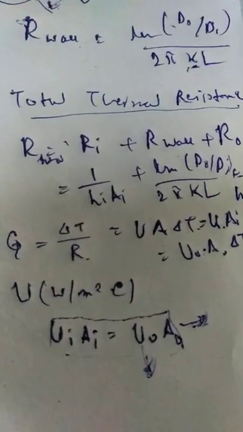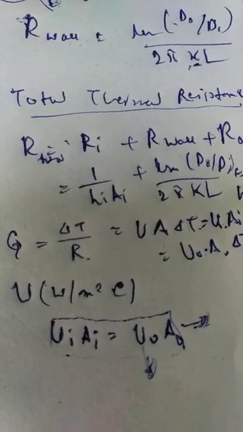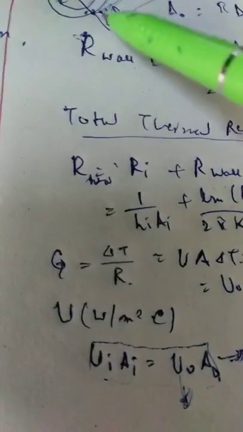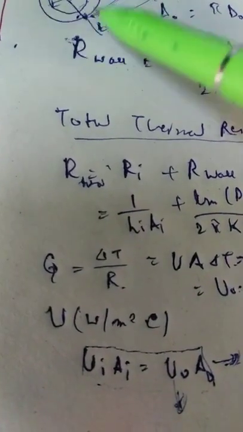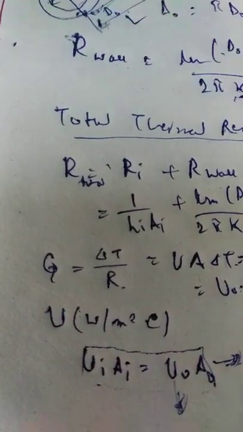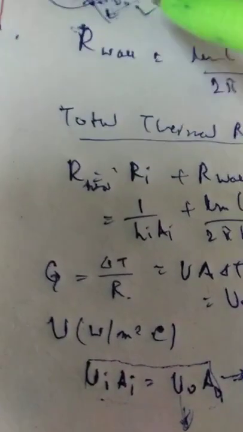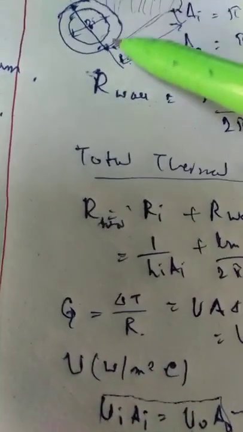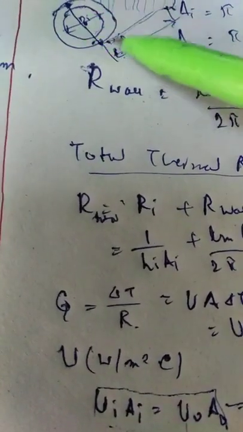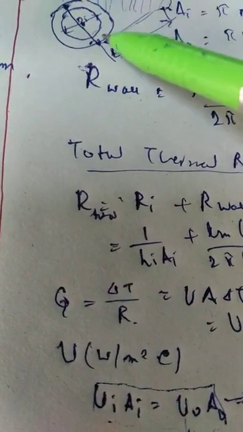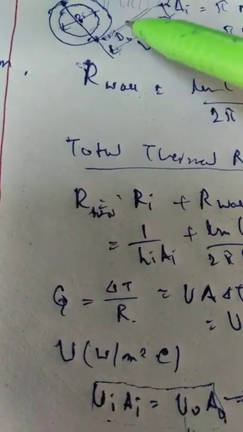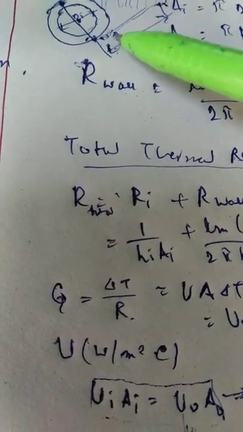Now see here that when we consider a wall which is usually very thin, the thickness can be neglected, and the thermal conductivity, that is K, of the tube material is very high.